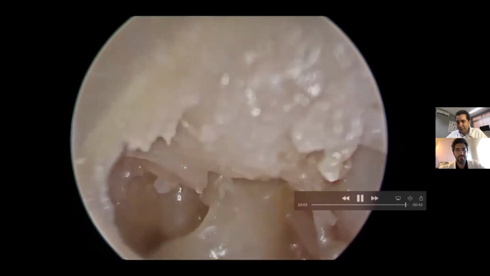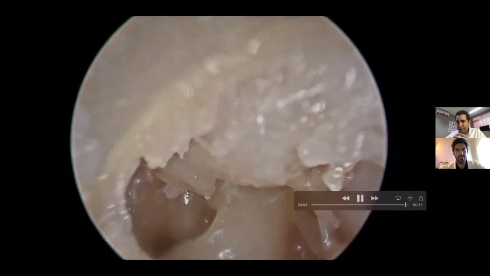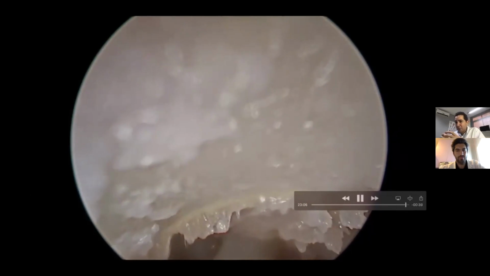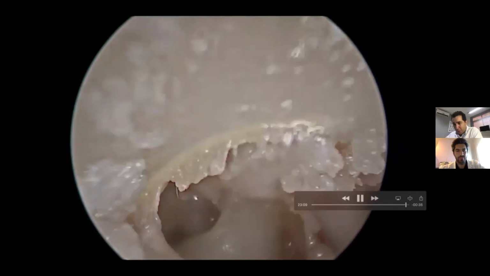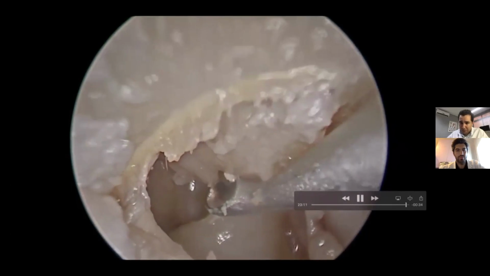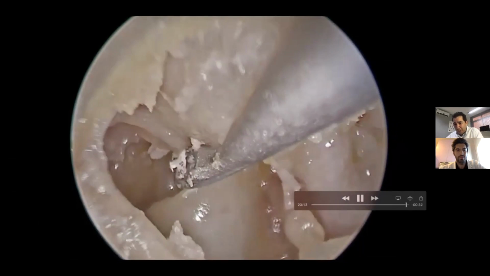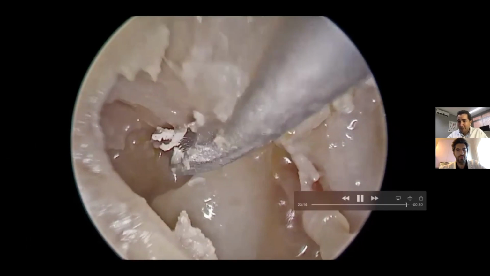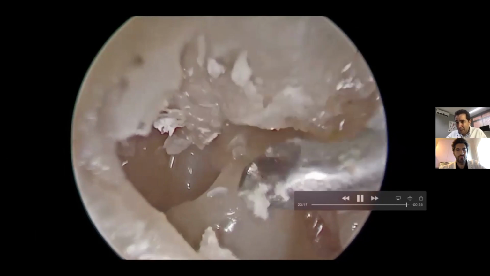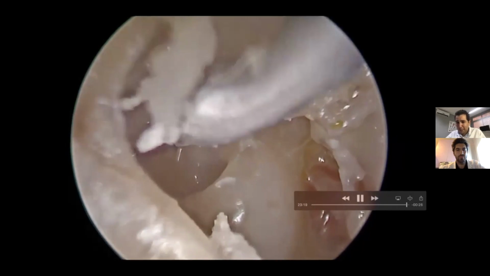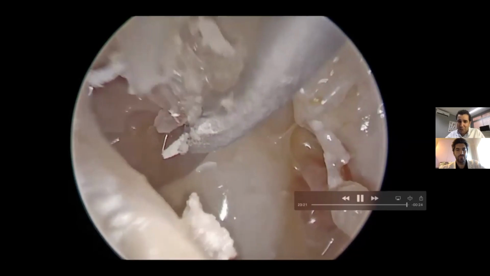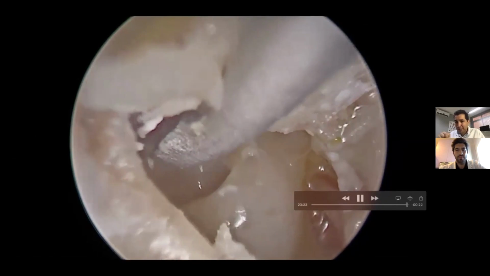The message here is that the endoscope is the domain of the middle ear, and the microscope is the domain of the mastoid. Of course, you can use the endoscope in the mastoid, or the microscope in the middle ear. But I think the microscope is a better instrument in the mastoid when you want to do mastoidectomy, and the endoscope is a better instrument when you want to perform surgeries in the middle ear.